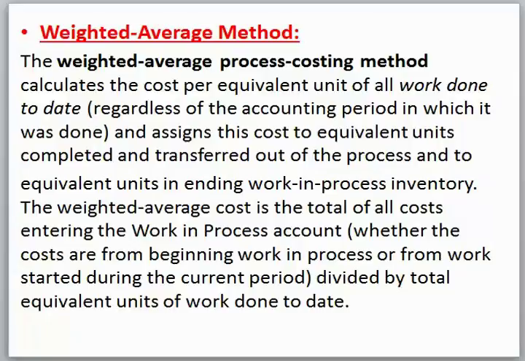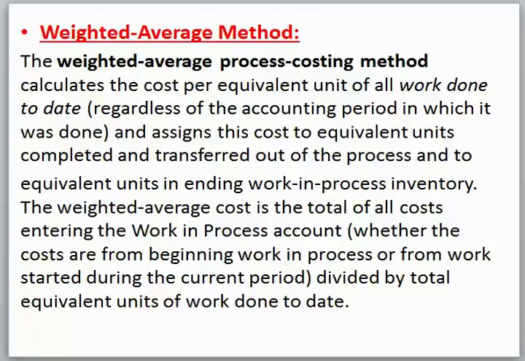The weighted average process costing method calculates the cost per equivalent unit of all work done to date, regardless of the accounting period in which it was done, and assigns this cost to equivalent units completed and transferred out of the process and to equivalent units in ending work in process inventory.